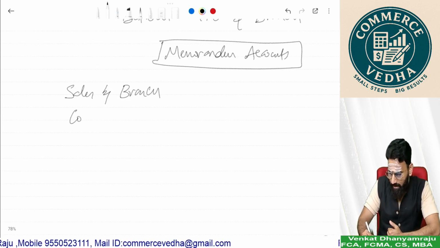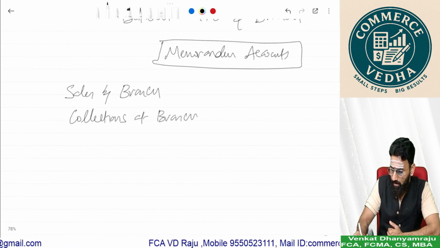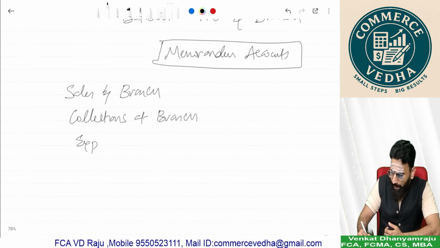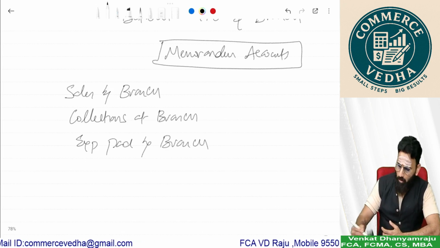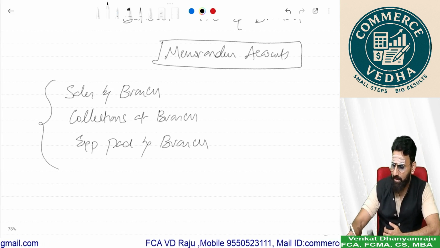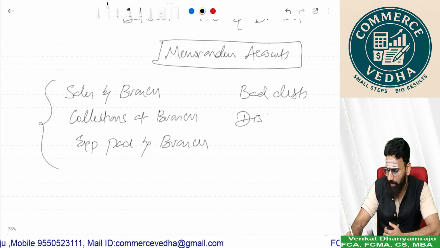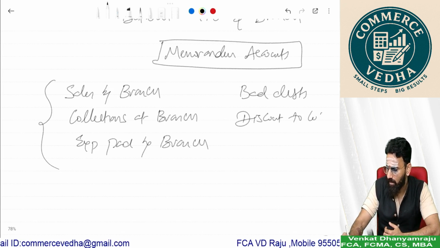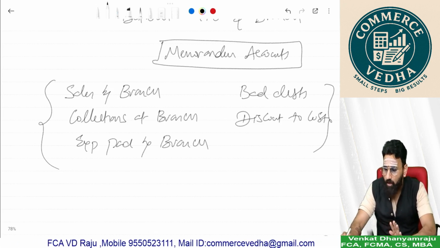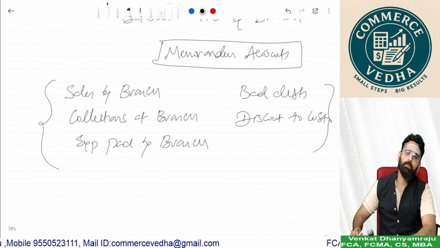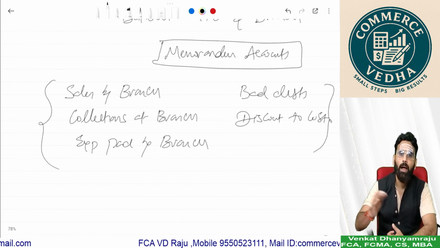Similarly, collections at branch, expenditure paid by branch, bad debts at branch, discount given by branch to customers. So these are all internal transactions of the branch which will not be recorded in the branch account. Then you should ask me, sir, how will this be recorded? We will learn slowly how the impact will come.